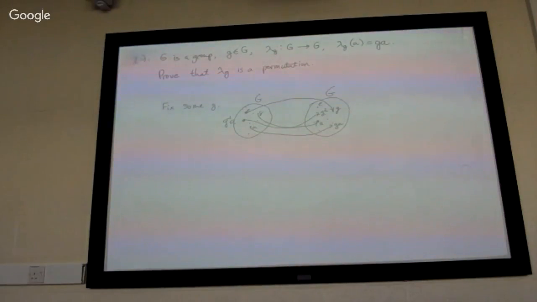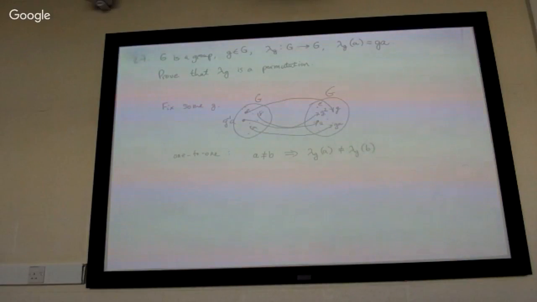Now, how do you prove that a mapping is injective or one-to-one? So the definition of one-to-one is: when you have a and b, distinct elements, then you want to show that the images are also distinct.